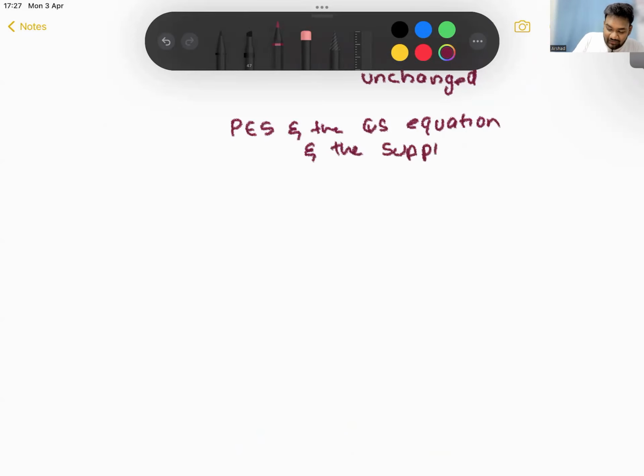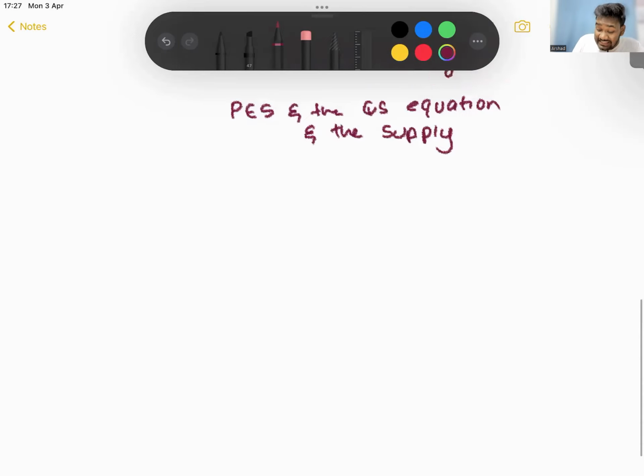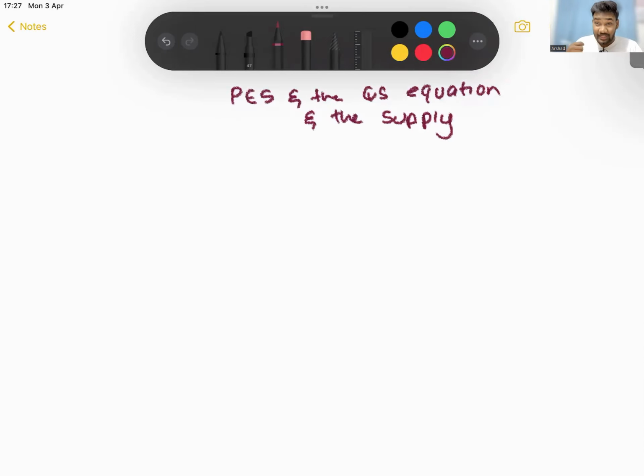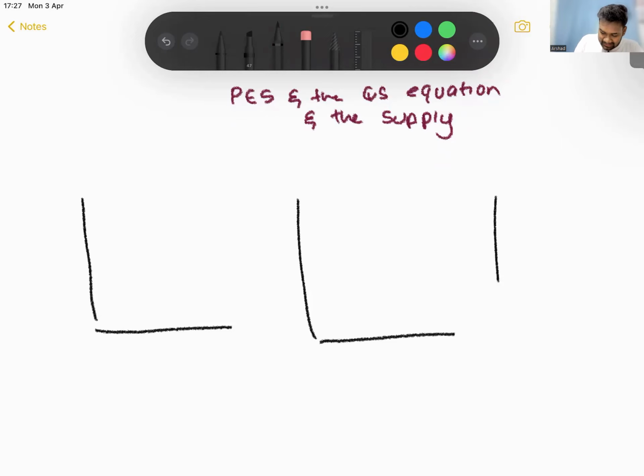Okay, so what type of a relationship do all of these have? So let me, in one diagram, in one screen itself, draw all the three types of curves that we have. So if you take certain supply curves, let's say these are the three supply curves. If you take an elastic supply curve, how does it look like?